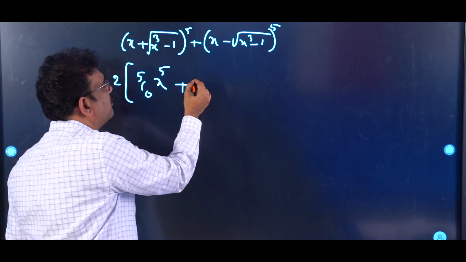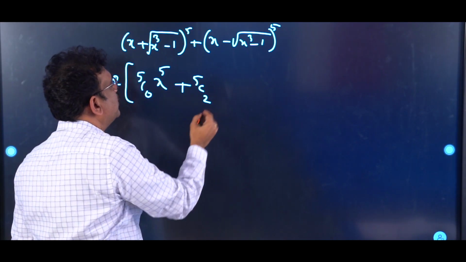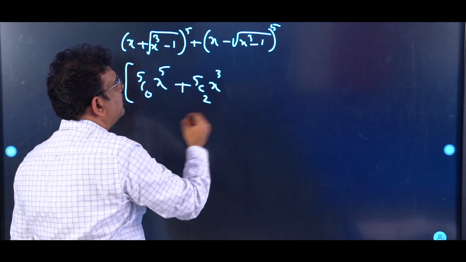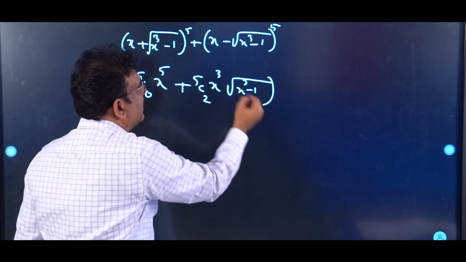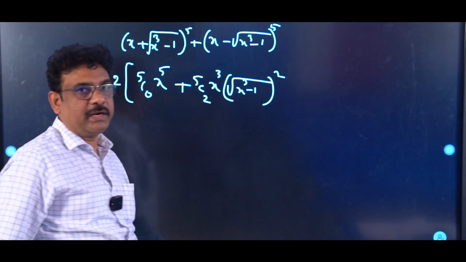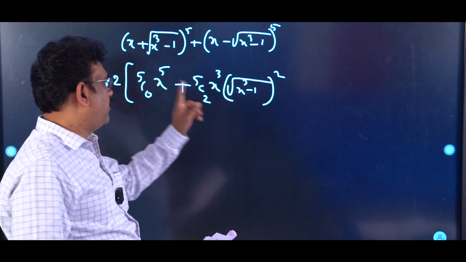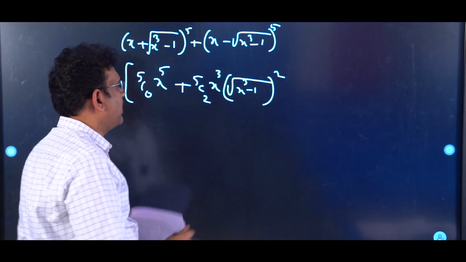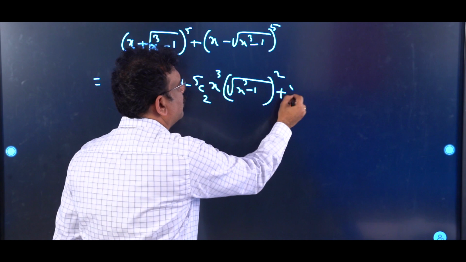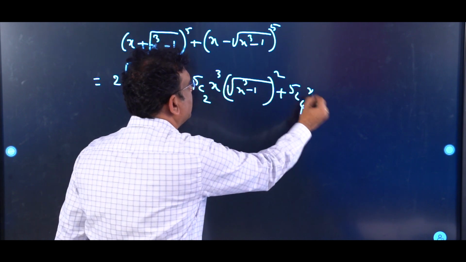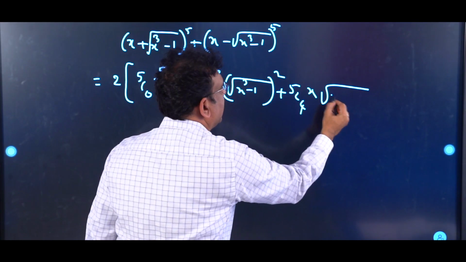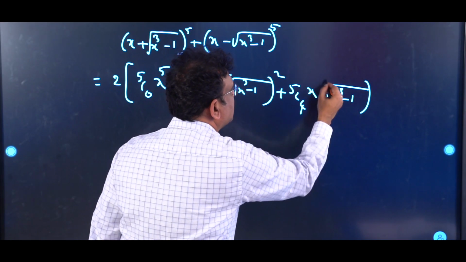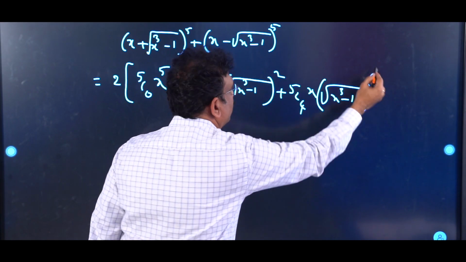Next 2 times of 5c2 x cube, next square root of (x cube minus 1) whole square, next 5c3 cancel, 5c4 x power 5 minus 4, 1. So next x square root of (x cube minus 1) whole power 4, 2 times of.